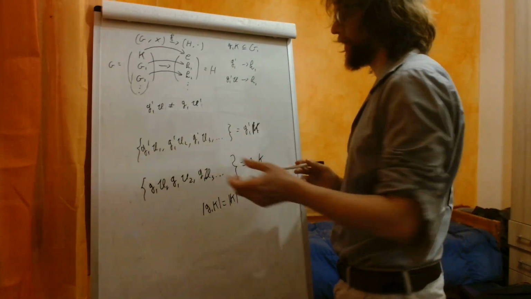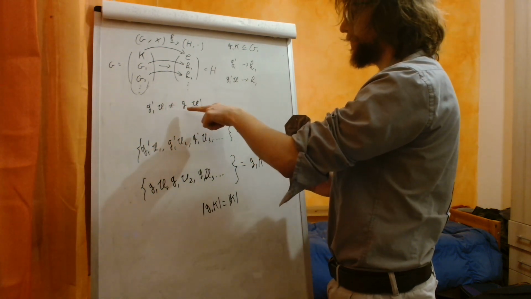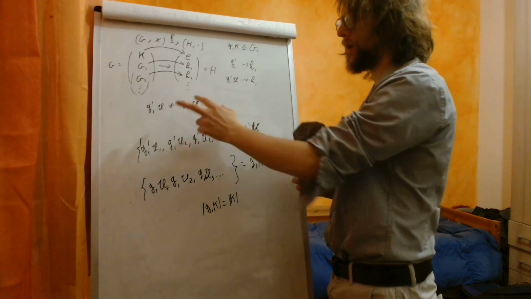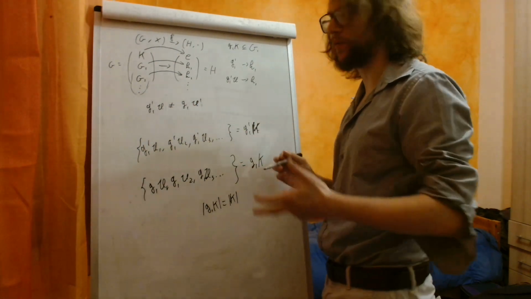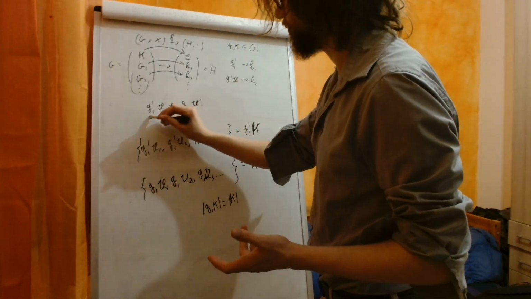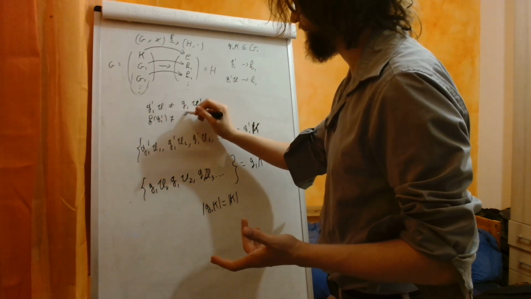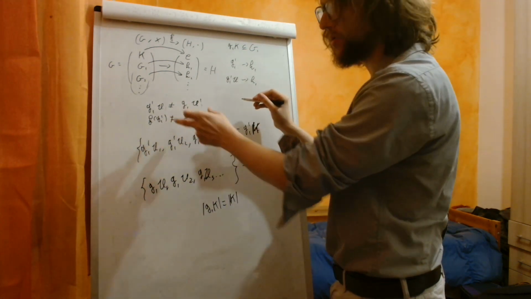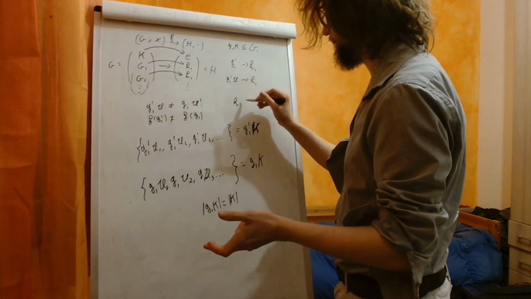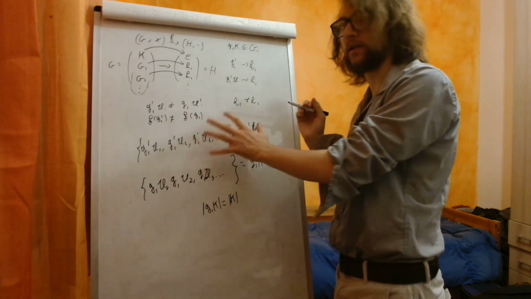Well, we simply see that if G1'K is not generated by G1K' for elements of the kernel K and K', by applying the homomorphism, we would have f of G1' different from f of G1, but they are both sent to H1, so H1 different from H1, which is a contradiction.